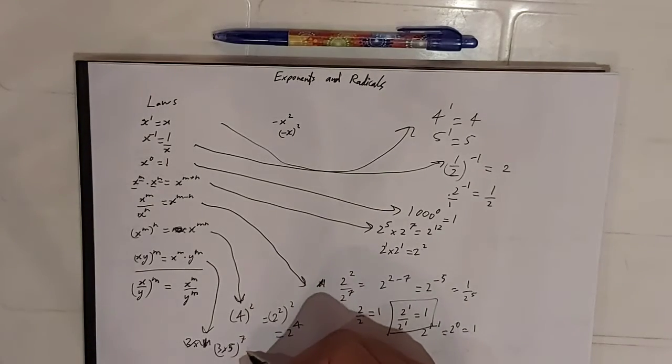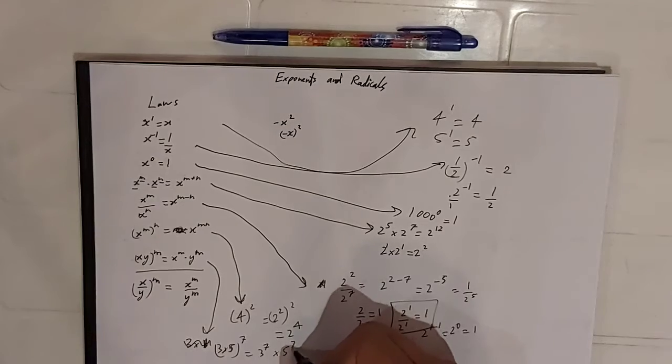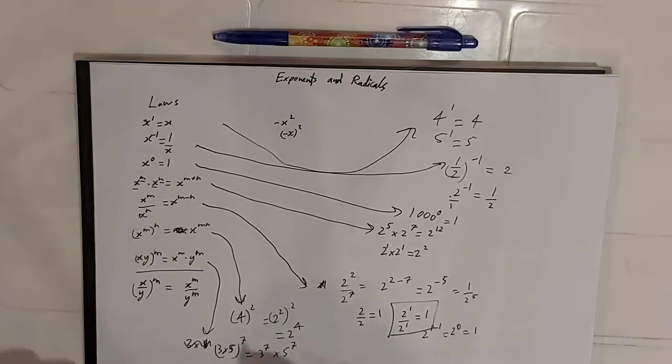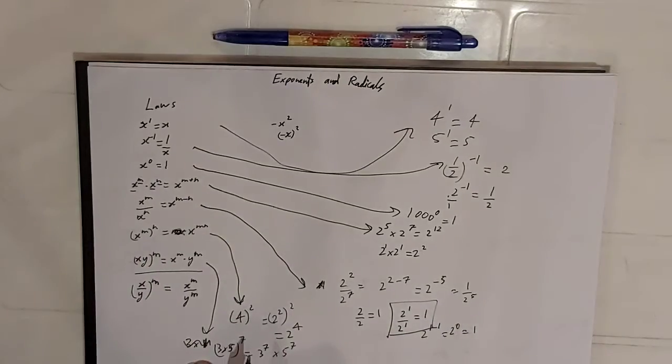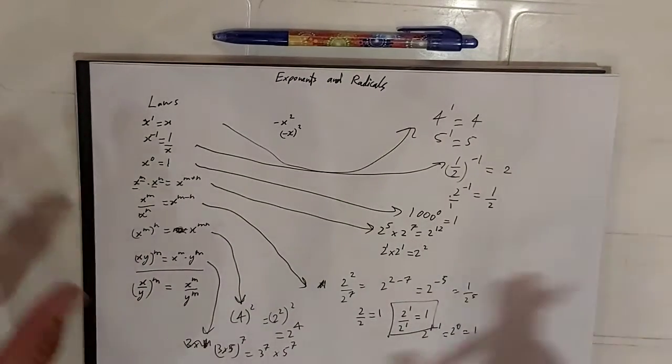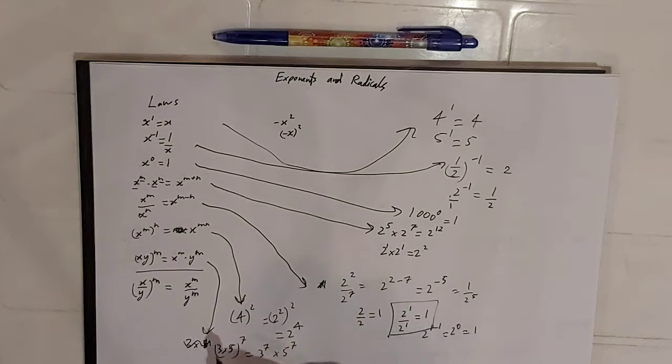It would actually be 3 to the power 7 into 5 to the power 7. Both values would be raised to the power because it's multiplying inside. If it's adding, that's different identities. But if it's multiplying, the power is given to both values.